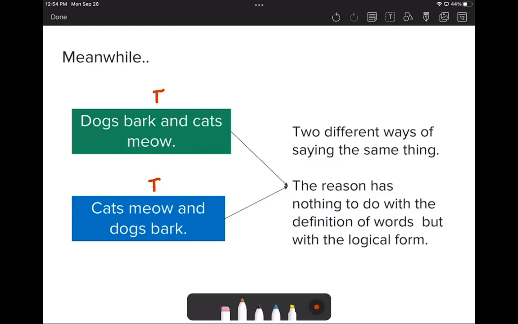Okay, but the reason has nothing to do with the definition of words, but the way you have structured the sentence. The reason has something to do with the logical form of the two statements, which makes them have similar meaning.